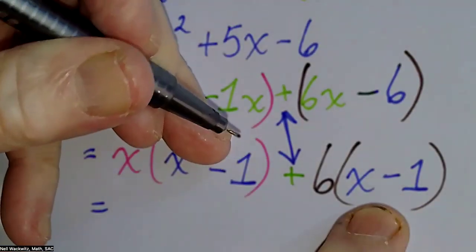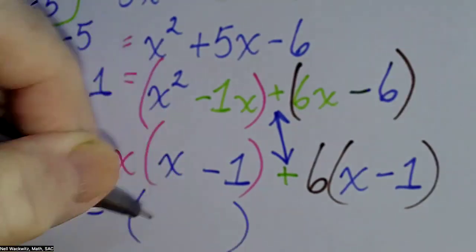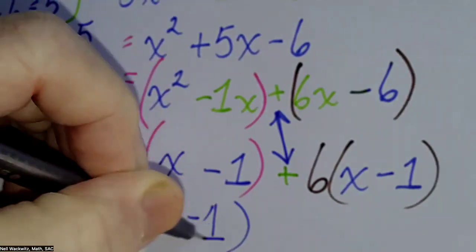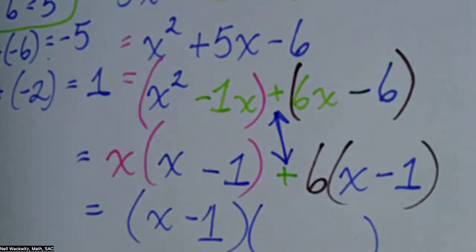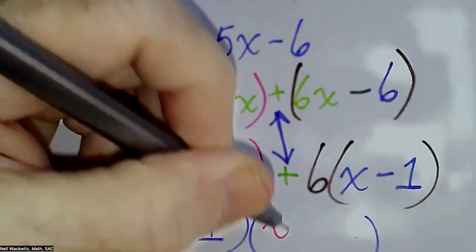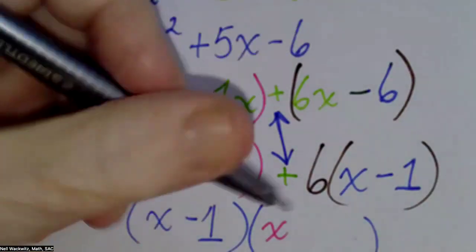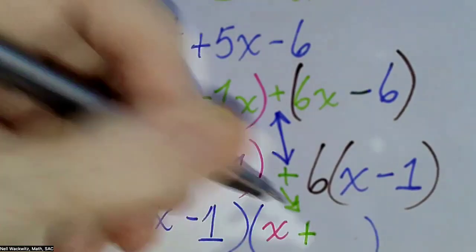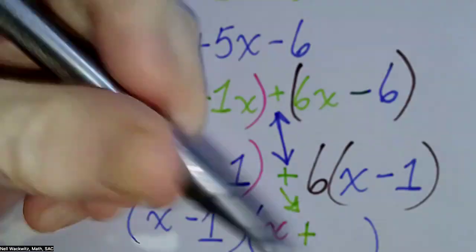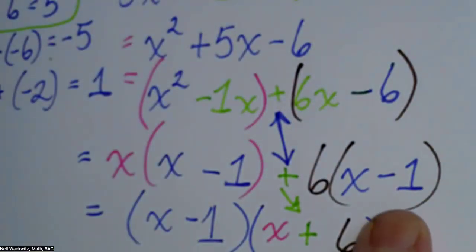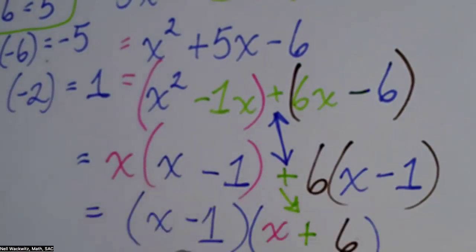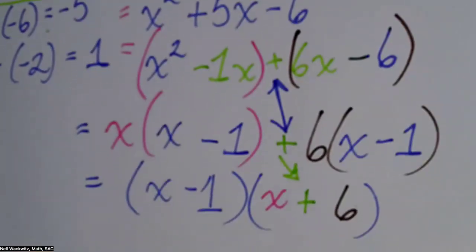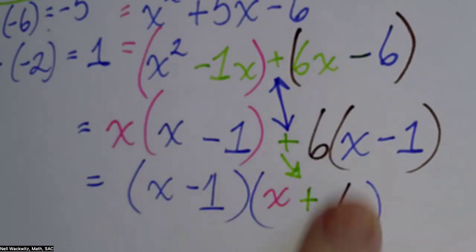Let's factor this remaining matching factor to the front, so that we can write x plus 6 from these two matching factors, and the remaining parts from the sign between the two terms and the x. And we're done.